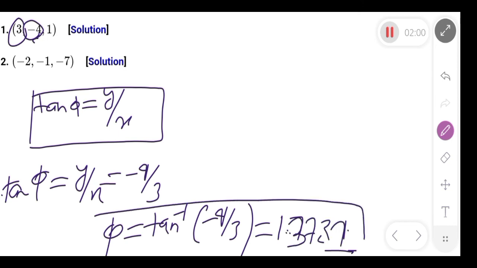Now r is equal to under root 26 and phi is equal to 1.3734.